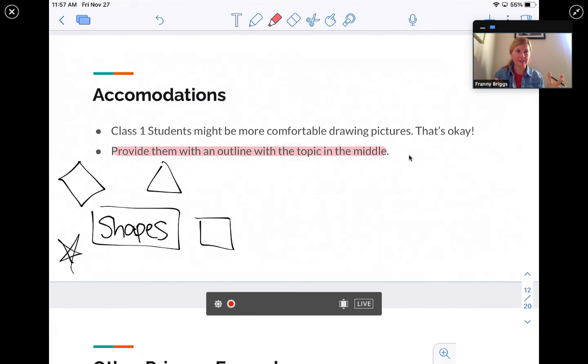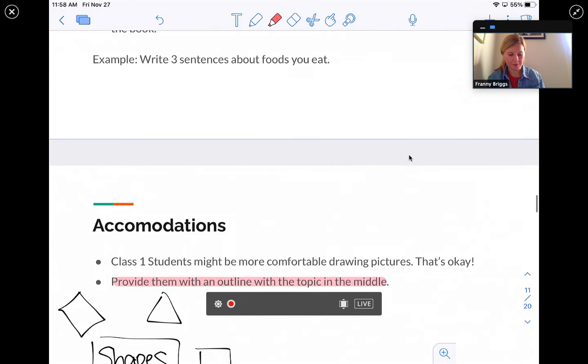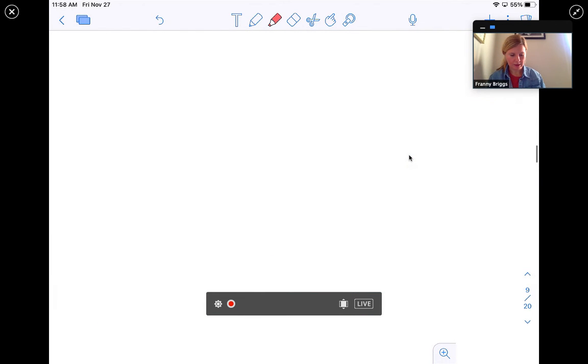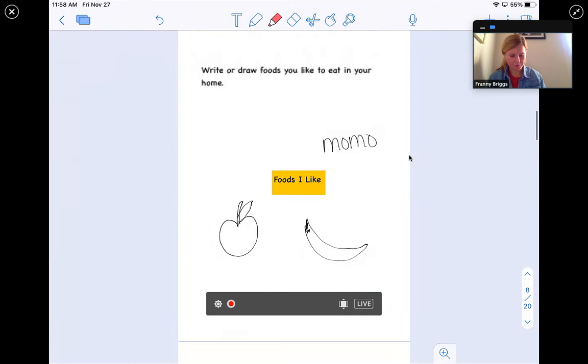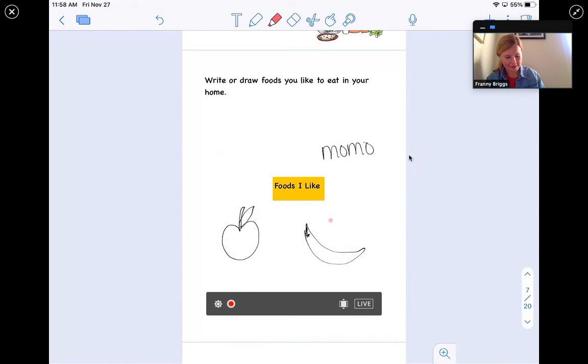So when you're sending out the DLM, if you decide to use a telling frame, make sure that it looks something like this, where it has the topic in the middle.